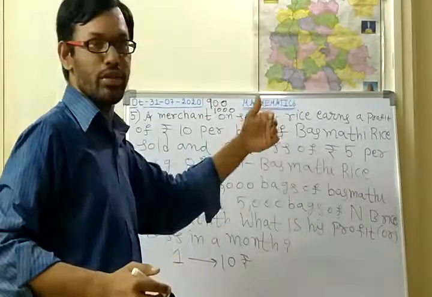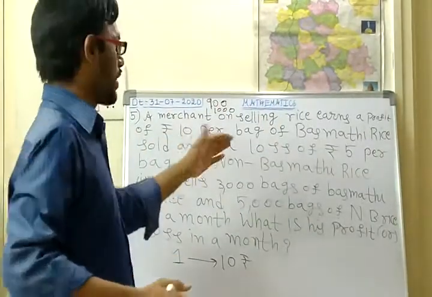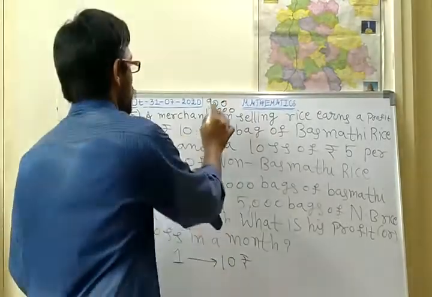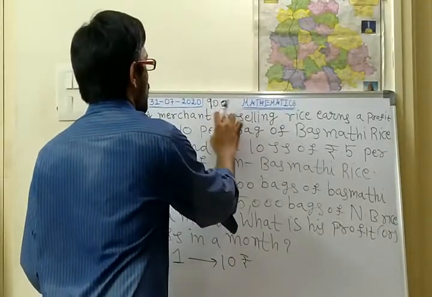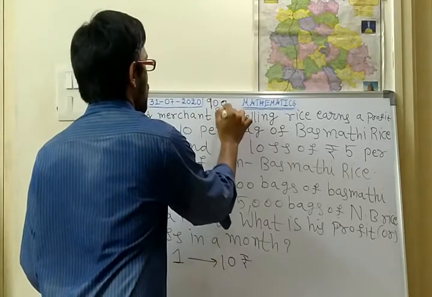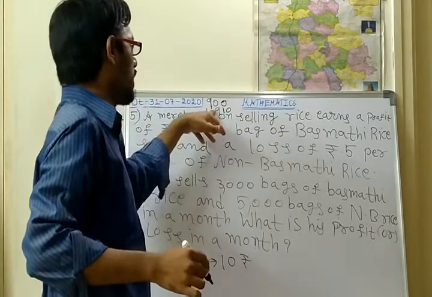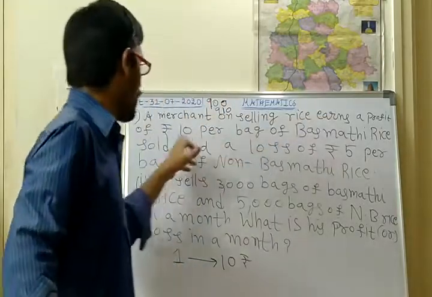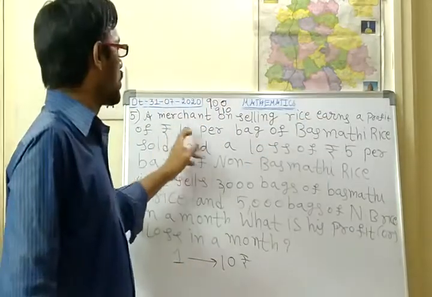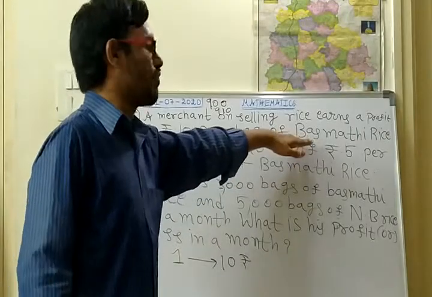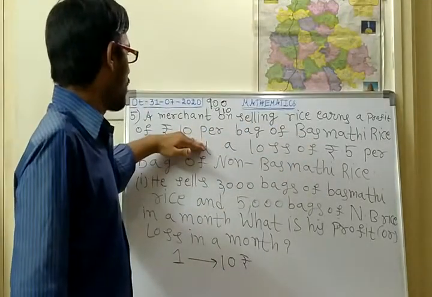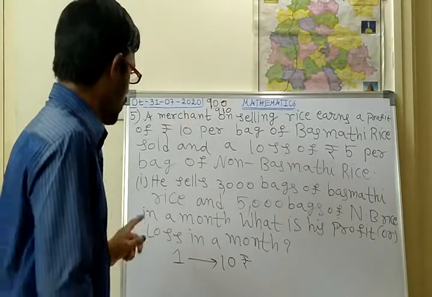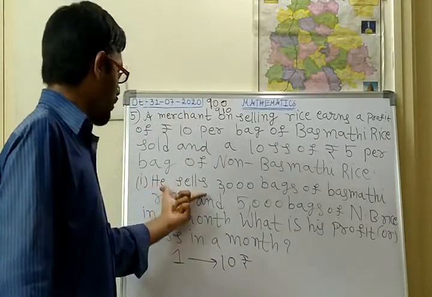Extra he has added, so he earns a profit of 10 rupees, is it right? Like that, for every bag of basmati rice he got a profit of 10 rupees.